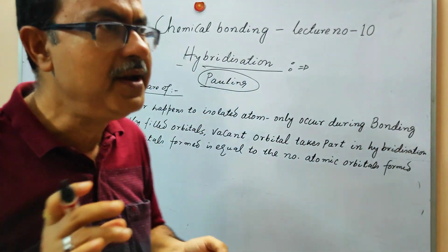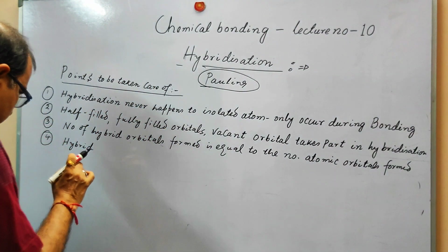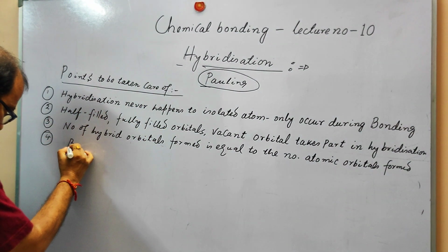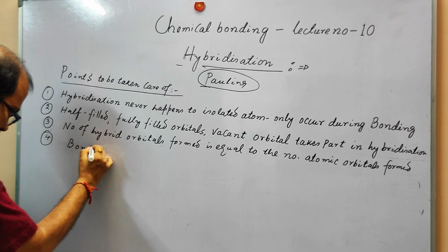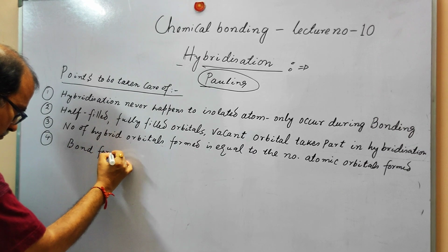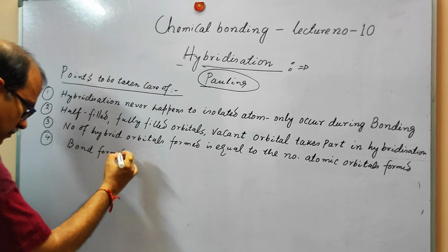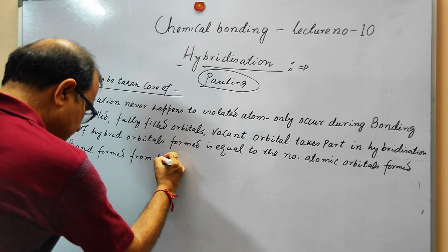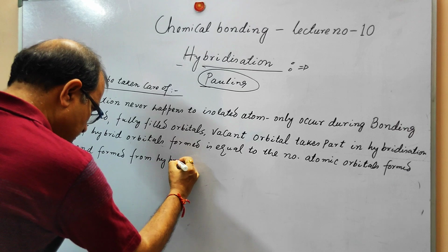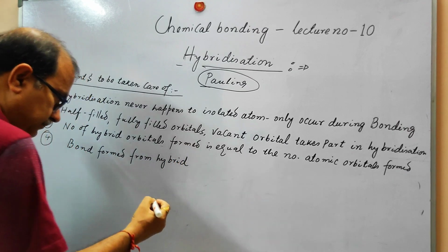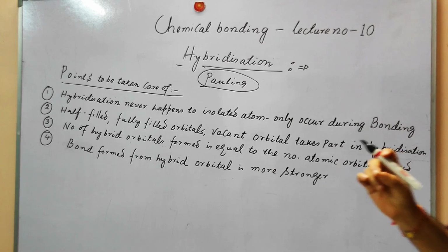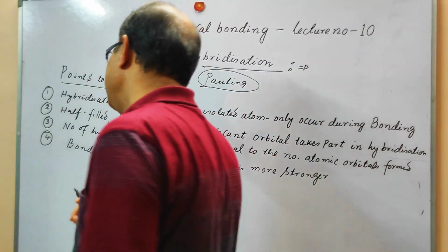So the bond formed from the hybrid orbitals is stronger than that formed from the normal atomic orbitals.